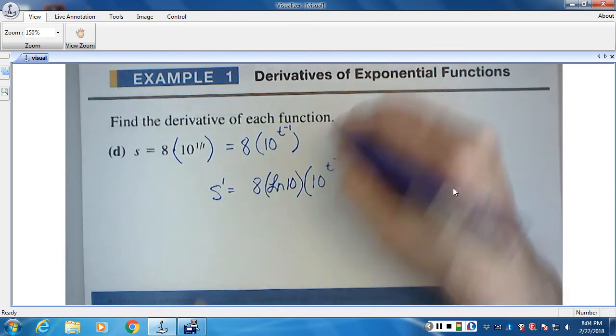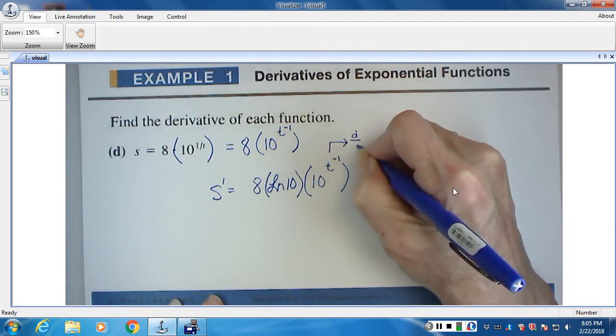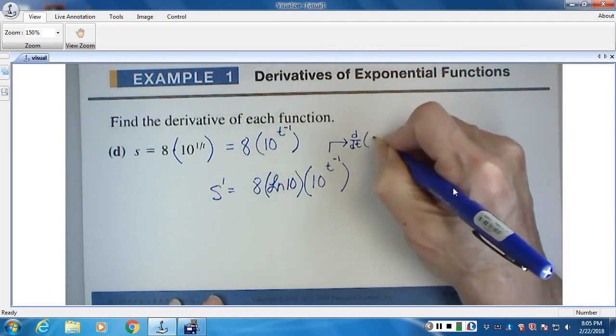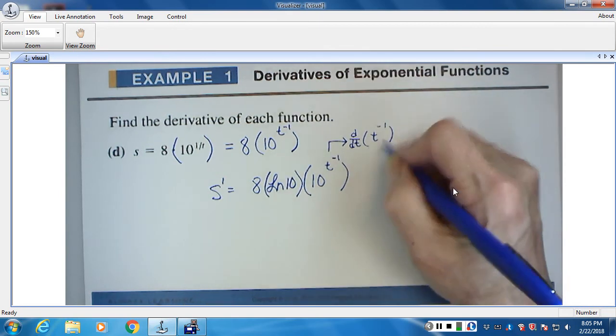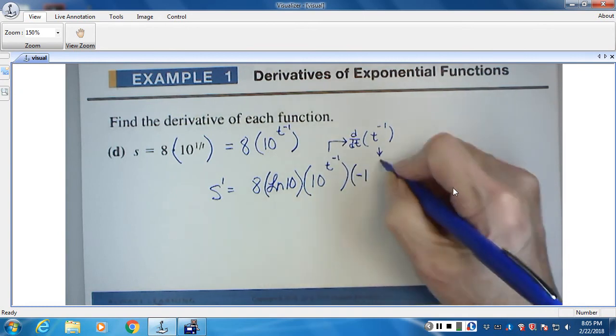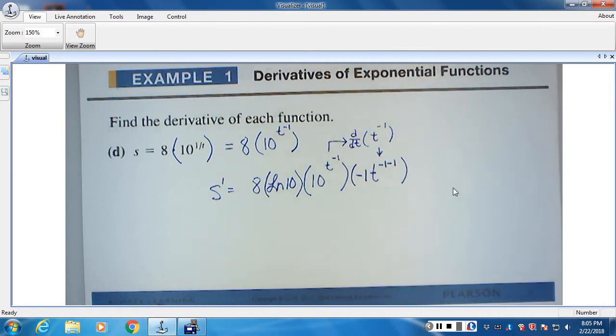And then my last step is to take the derivative of that power. And that's going to be negative 1 times t to the negative 1 minus 1 power, and you're finished.